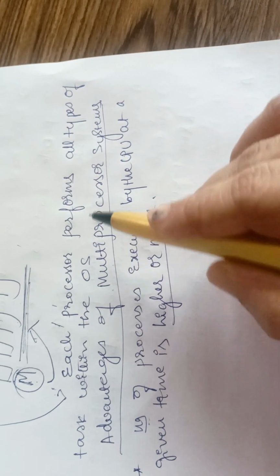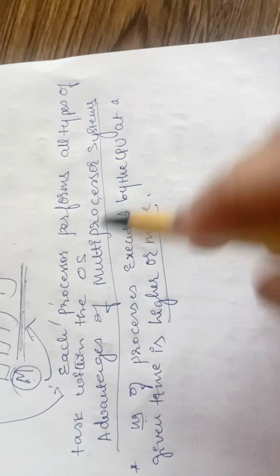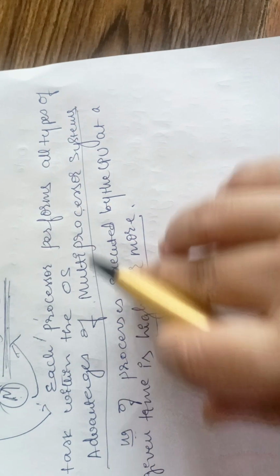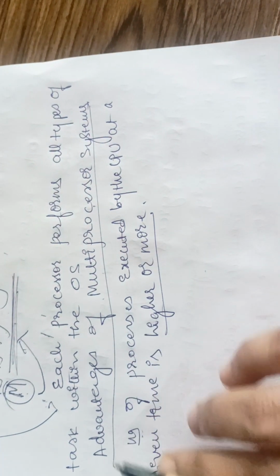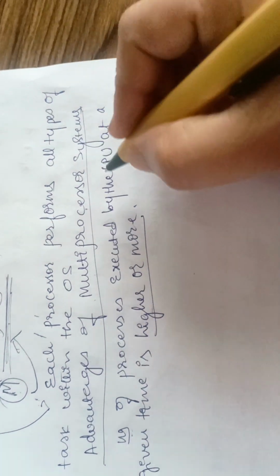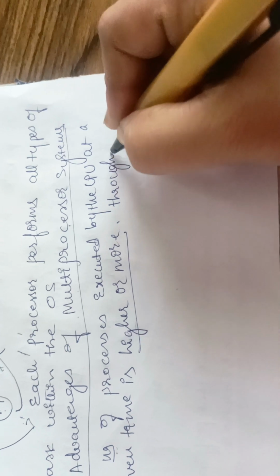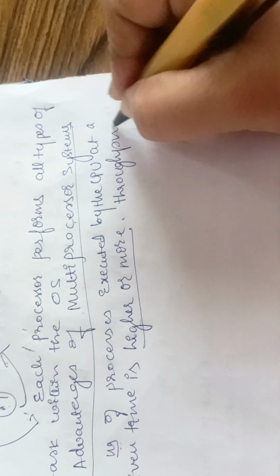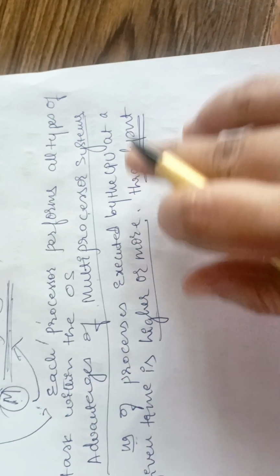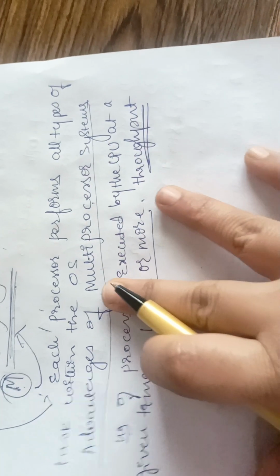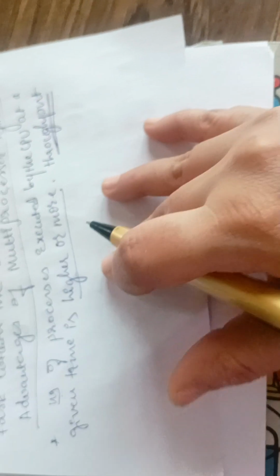Since it is a multiprocessor, the number of processes executed at a given time is called throughput. Throughput is more because of multiple processors.